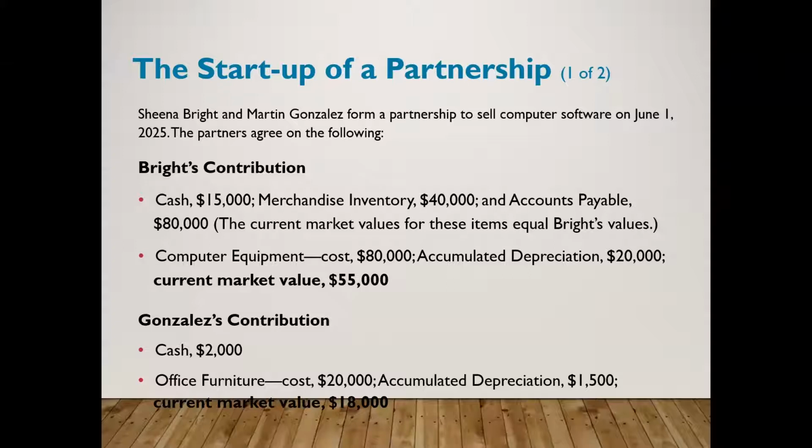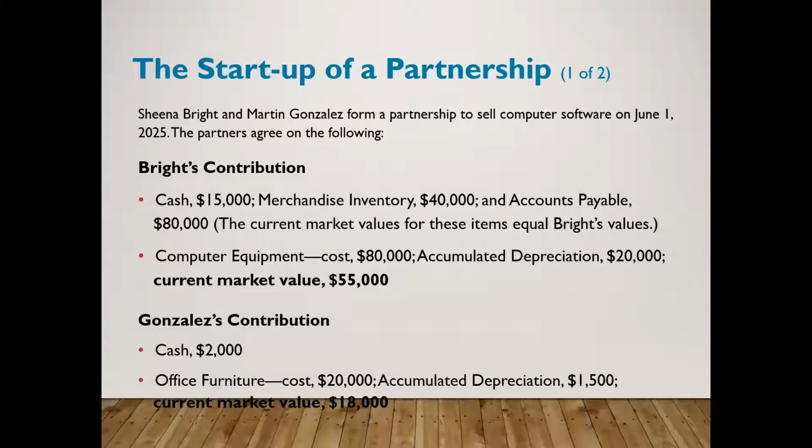Suppose Gina Bright and Martin Gonzalez form a partnership to sell computer software on June 1st, 2025. The partners agree on the values shown on this slide. Bright's contribution is cash, $15,000, merchandise inventory, $40,000, accounts payable, $80,000. The current market value for these items equals Bright's values.